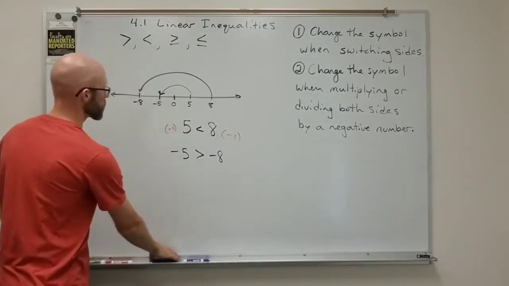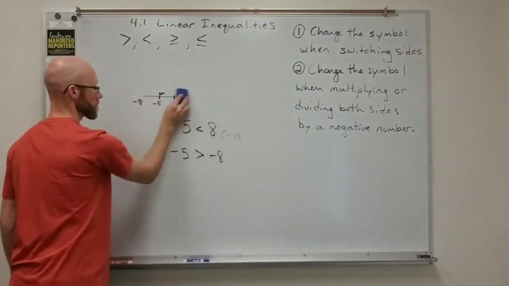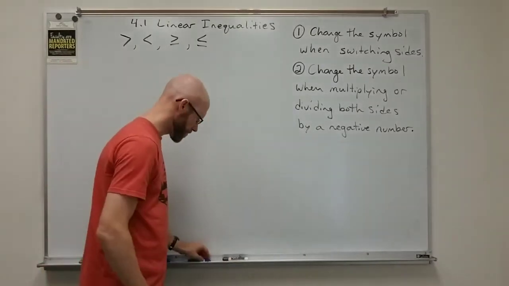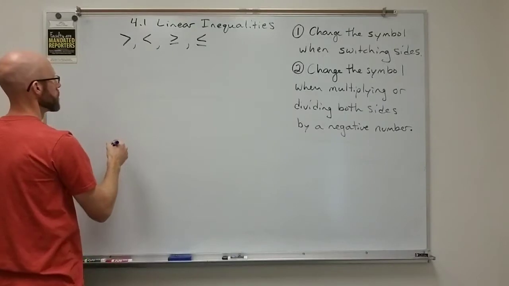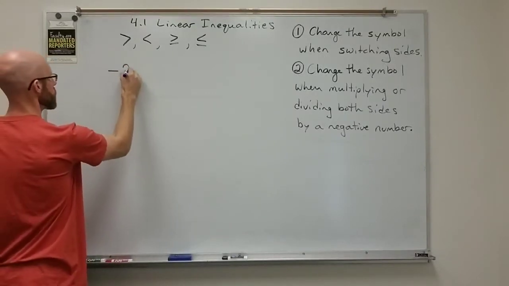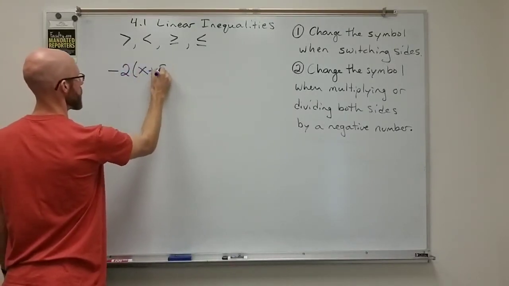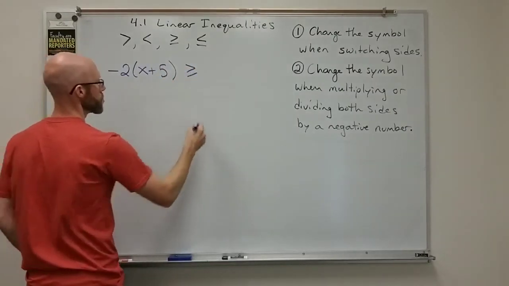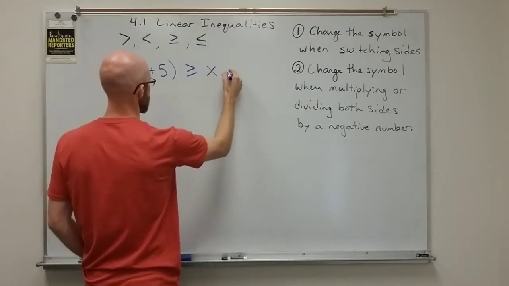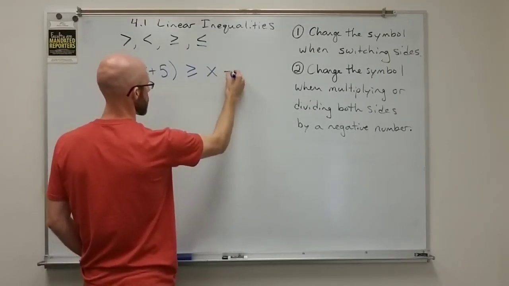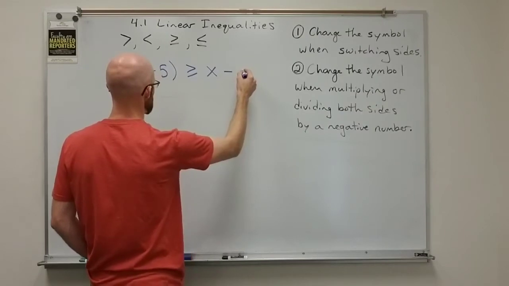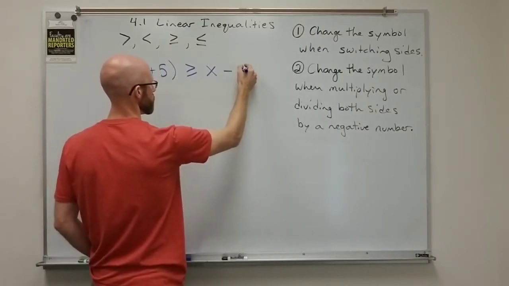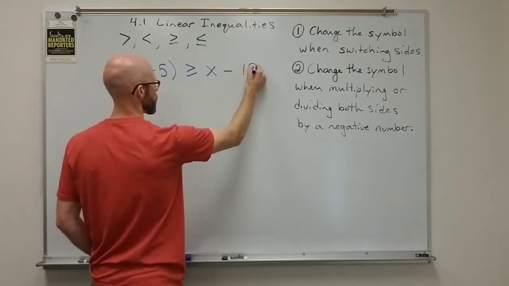Okay? Let's look at an example here, or a couple examples. We'll see where maybe some of these play out. Let's look at something like -2 times x plus 5 is greater than or equal to x minus 13.